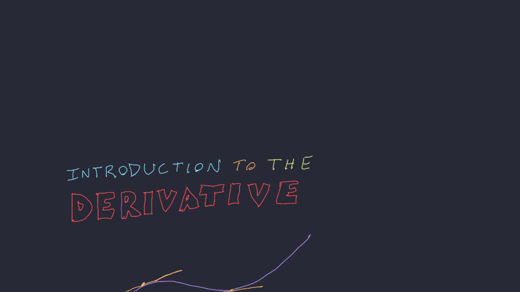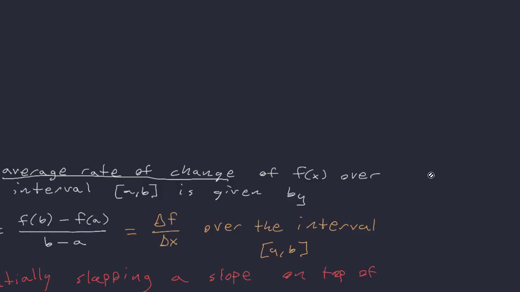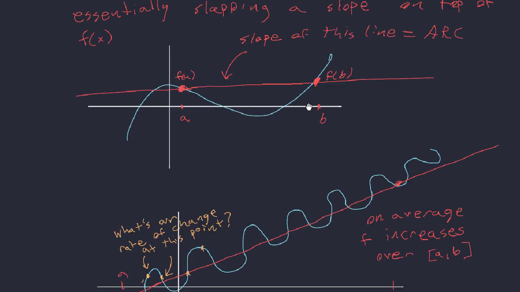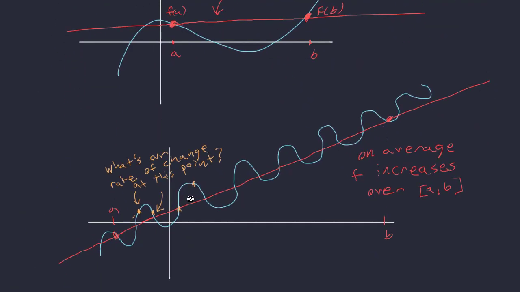All right, now if we remember back to one of our earlier slides here, we remember that the average rate of change gives us the slope of this line here. This is actually called a secant line.